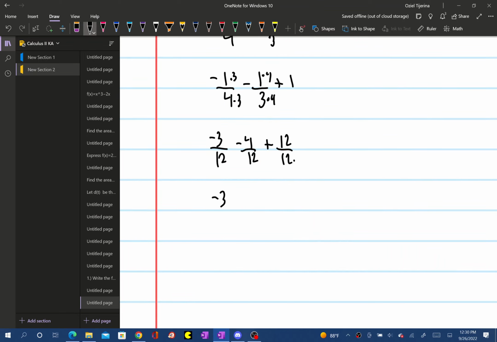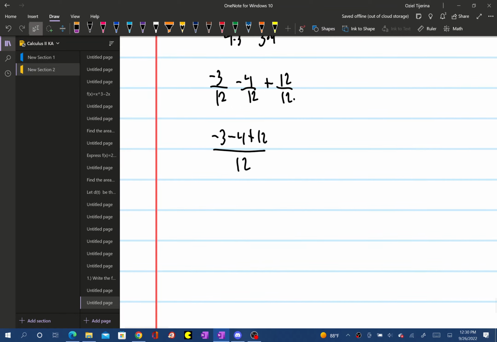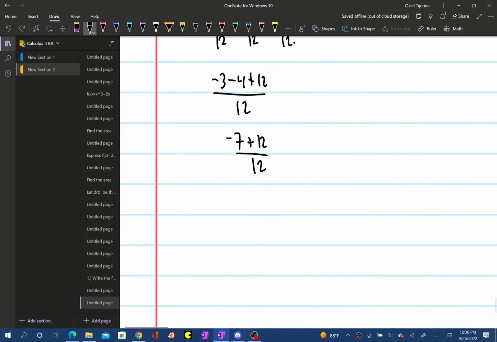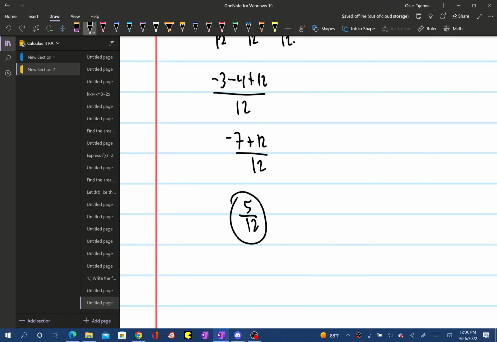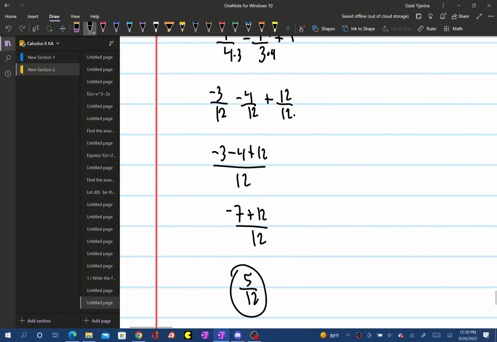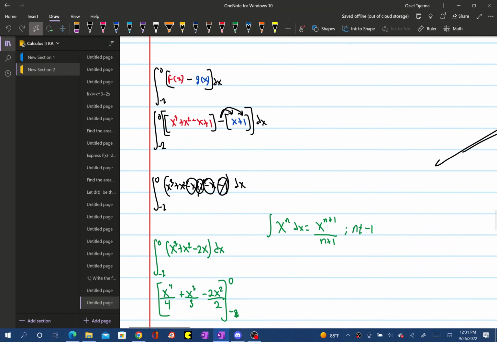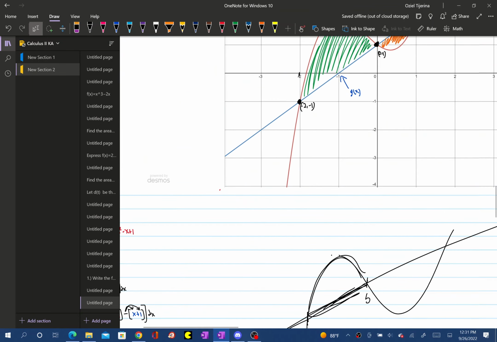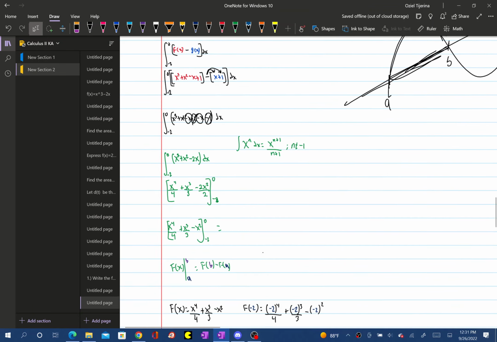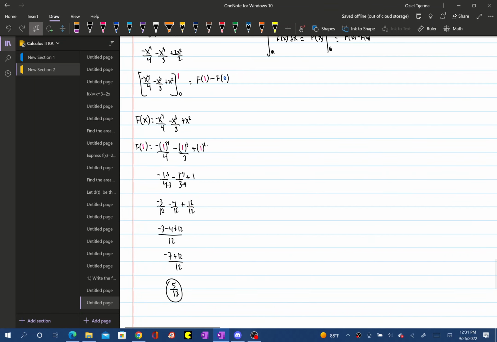This is going to be negative 3 minus 4 plus 12 all over 12, which is really negative 7 plus 12 over 12, which is 8 over, or I'm sorry, 5 over 12. Right? So that is the area between 0 and 1 of that, okay?